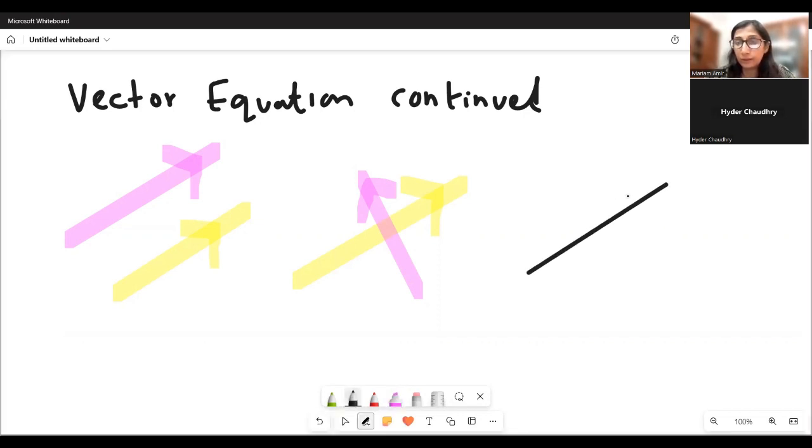There's another case as well. In 2D there are two cases: either two lines are parallel or two lines are intersecting. But in 3D, there's another case where two lines are not parallel and not even intersecting.